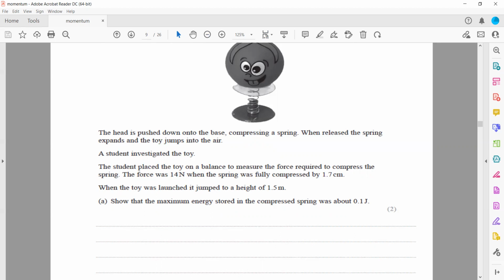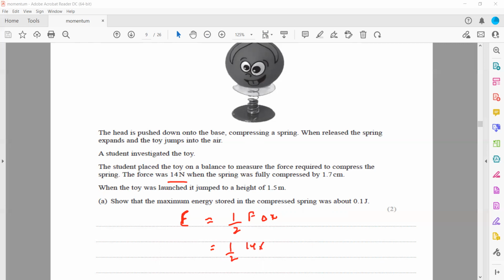So the elastic energy stored is given by a formula: half force into extension or compression. So half F into E, or F into delta X. Half the force which we need to completely compress is 14.